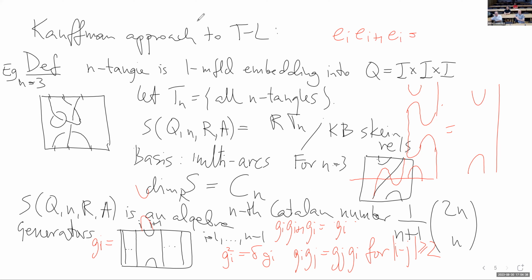I confused it with the braid relation. But this is the relation from the Jones tower, with 1 plus t squared in the denominator. Greater or equal, yes, 3 was correct. That's right.